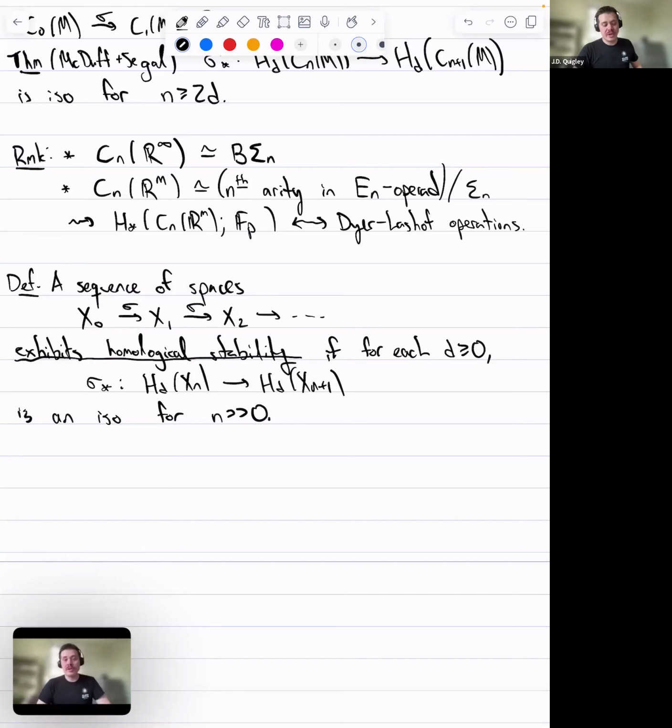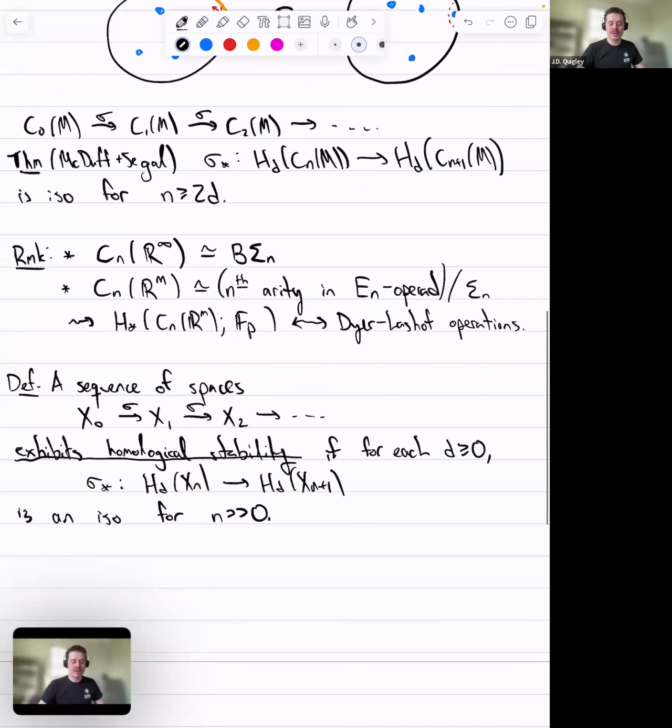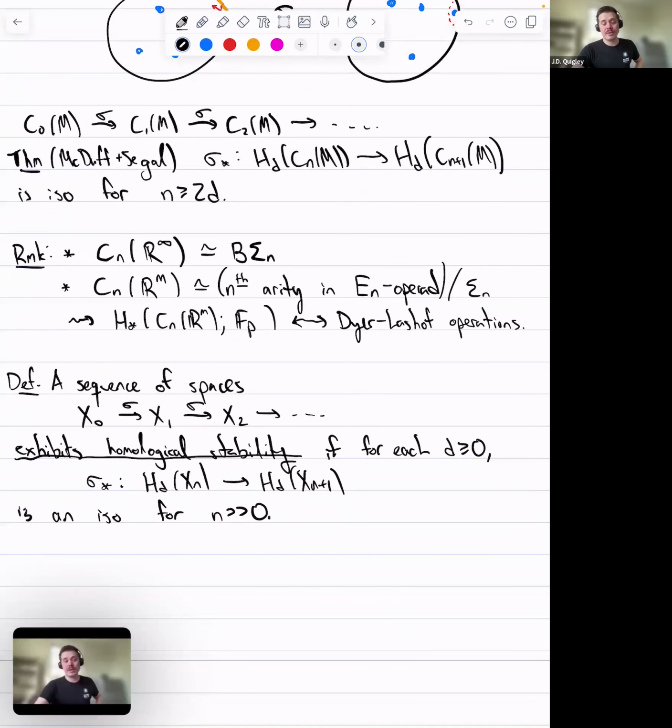So in the previous two examples, our sequences were classifying spaces of symmetric groups and configuration spaces. And the n sufficiently large was saying that n was at least 2 times d.